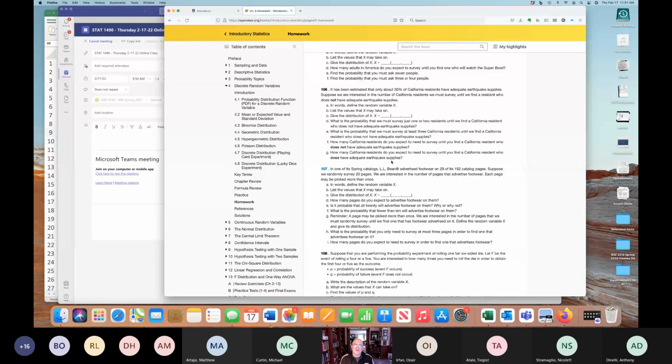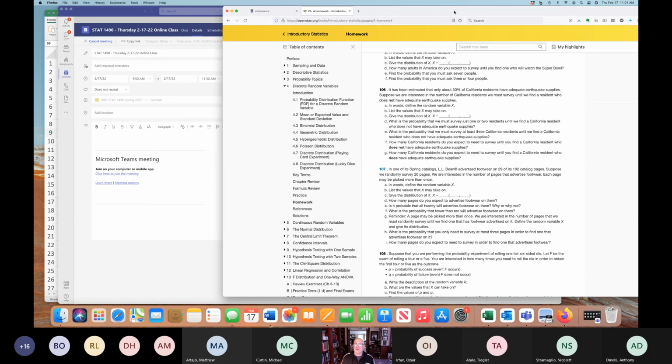Let's look at 106. It has been established that only 30% of California residents have adequate earthquake supplies. Suppose we are interested in the number of California residents we must survey until we find a resident who does not have adequate earthquake supplies. In words, define the random variable.